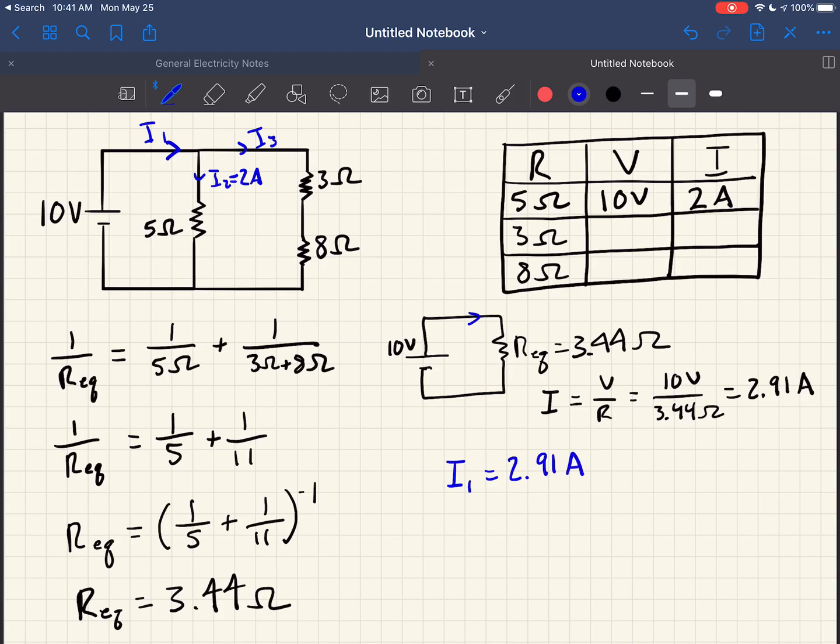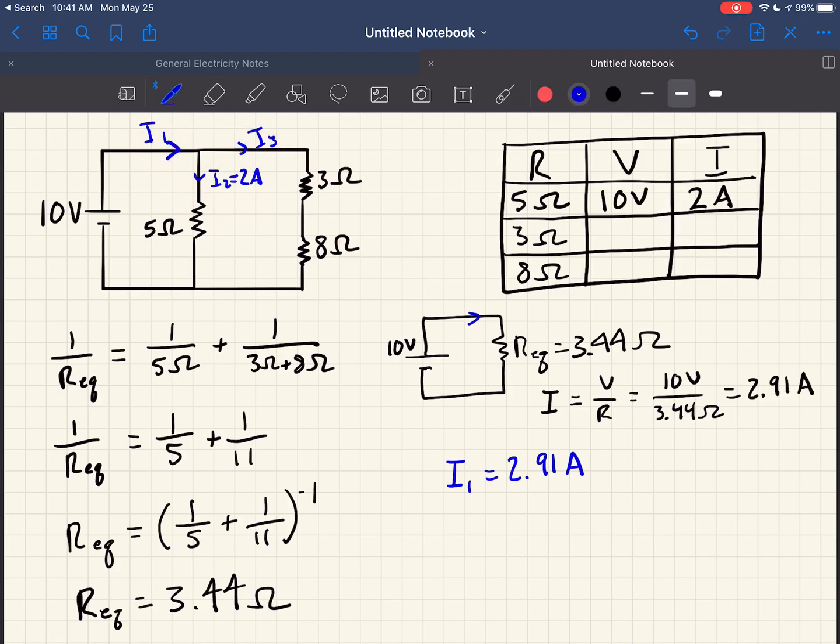All right. Now, I1 isn't actually the current through any of my resistors, but I know that I3, the current right here, goes through both of these two. I know that these should sum up to I1.